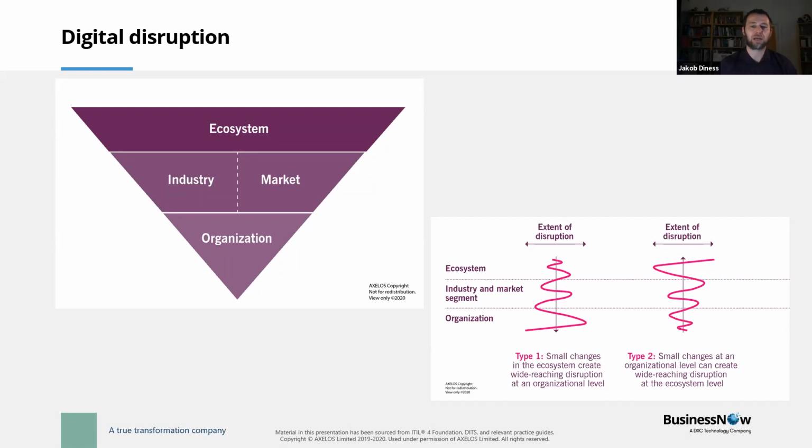Small changes in the ecosystem create wide-reaching disruption at an organization level. That's the first part. Or something is happening in an organization that in the end will disrupt the industry and the market and maybe have a profound impact on the whole ecosystem. So that is, for me, two ways to look at it. I like this model a lot. Even though it's just a model, it has some explaining power.